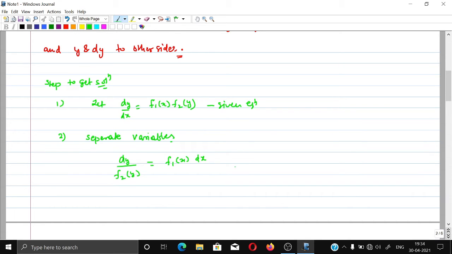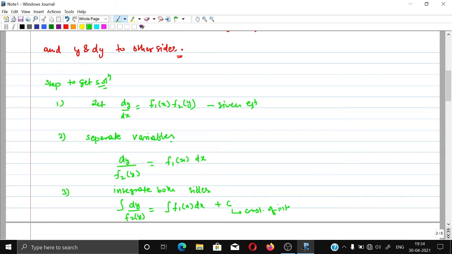So in this manner you can separate variables, and after separating variables, in step 3, integrate both sides. Just integrate dy upon f2(y) equal to the integral of f1(x) dx plus c, where c is the constant of integration.